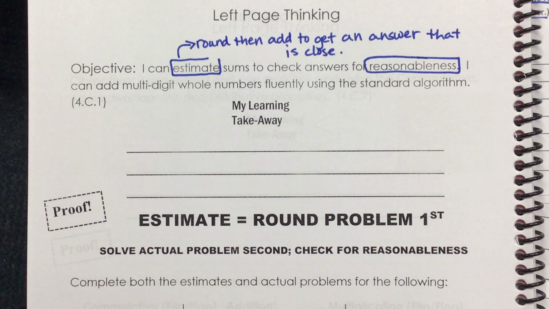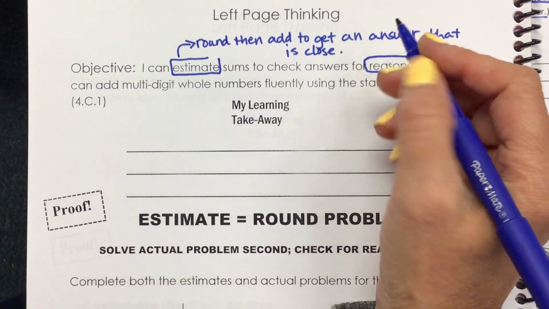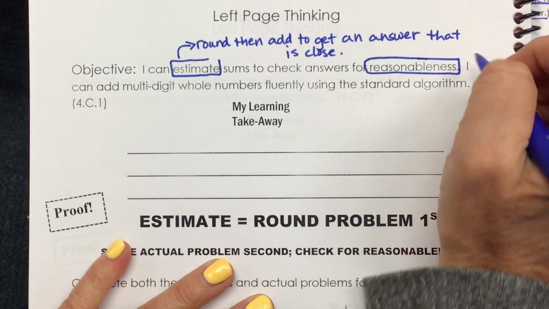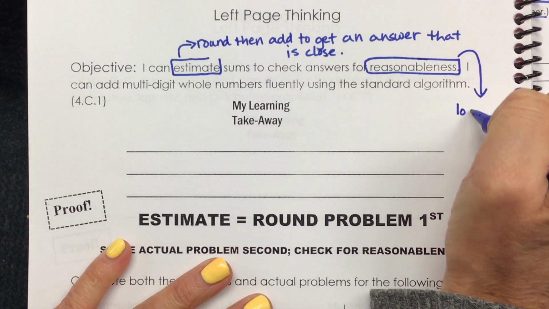To be reasonable is like, you already know your parents are not going to buy you that because it's too expensive, or you're just not old enough.